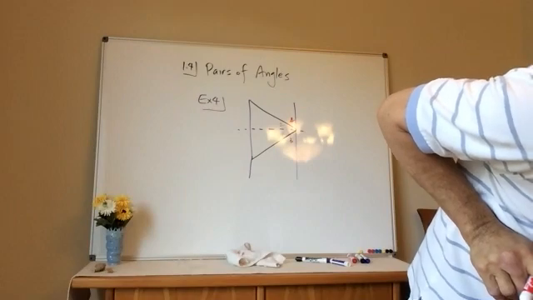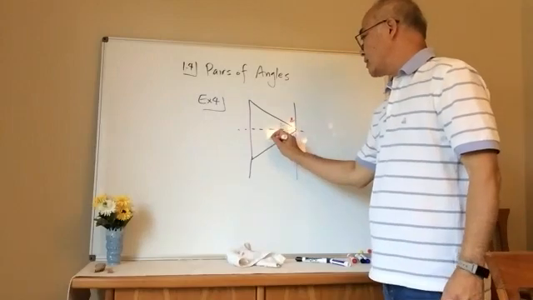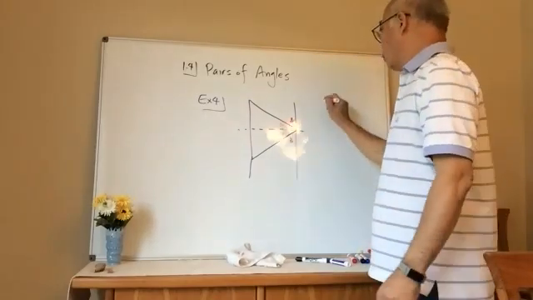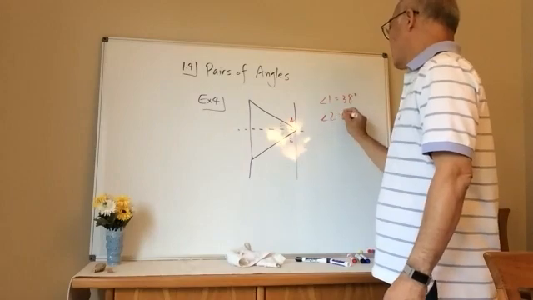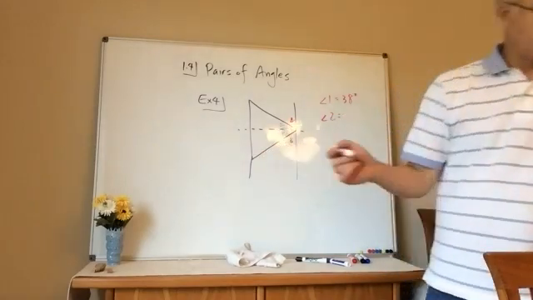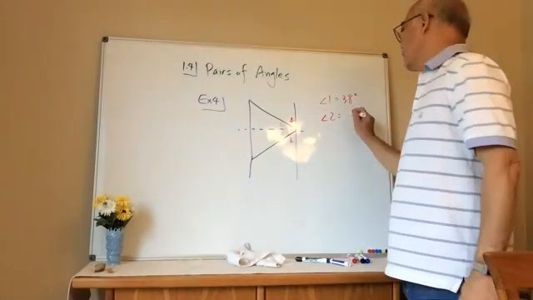Angle 1 is 38. So let's find angle number 2. Since angle 1 is 38, that means that angle 2 has to be the same. They told us it's the same, so it must be 38 degrees.